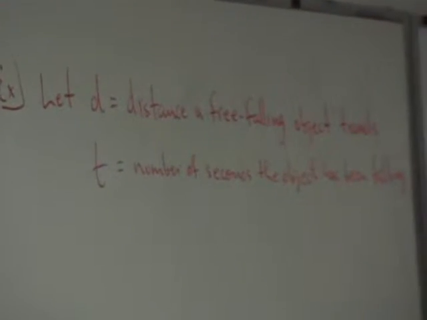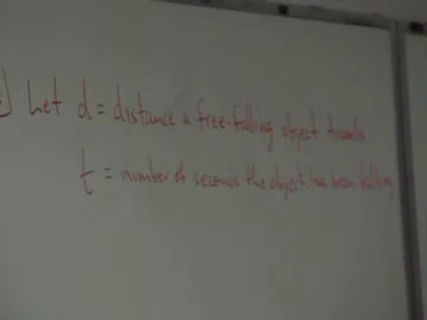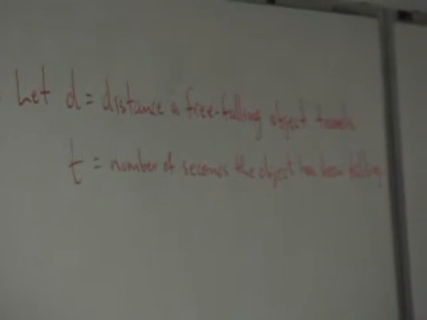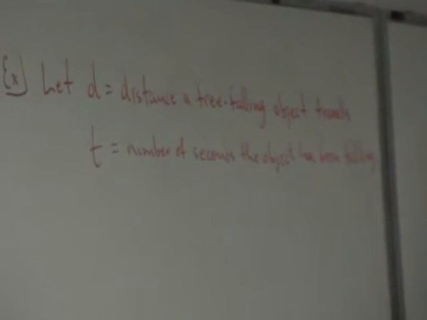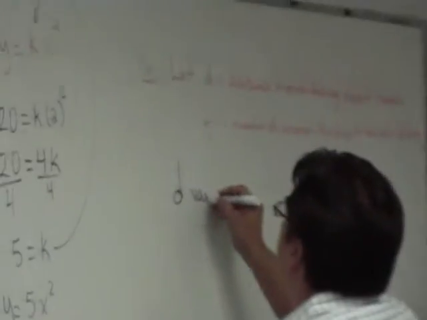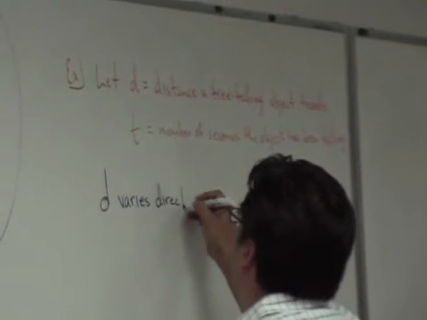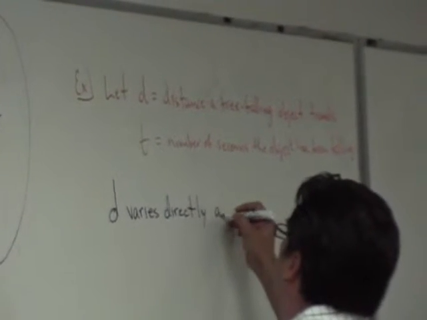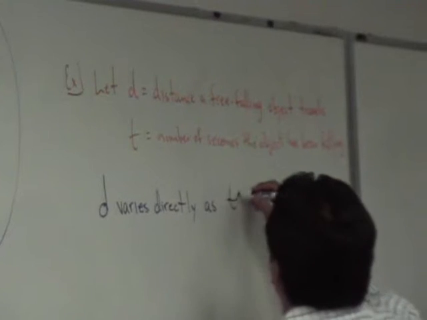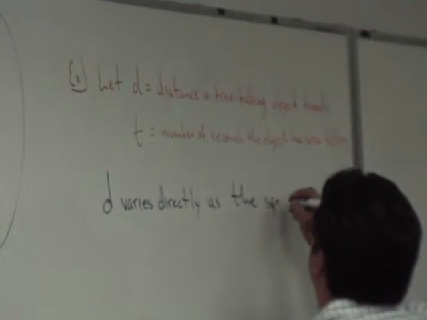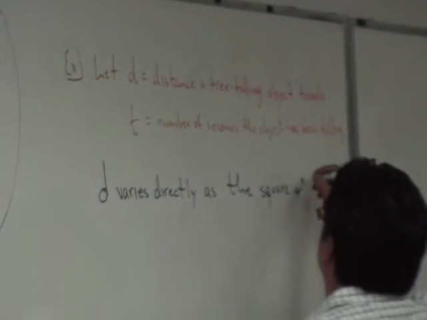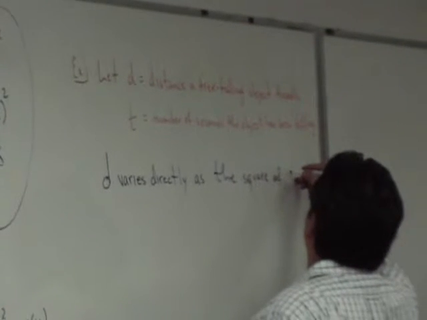So there's a relationship that we know by experimentation between the distance that an object falls and the time that it's fallen, and we say that d varies directly as the square of t.